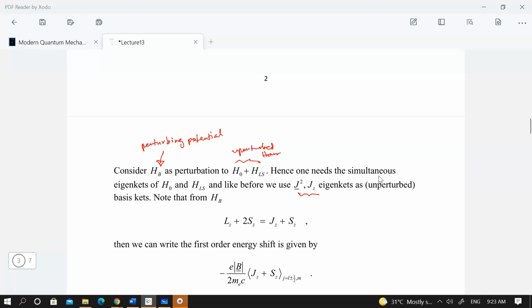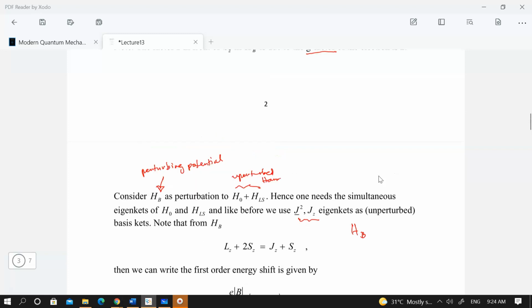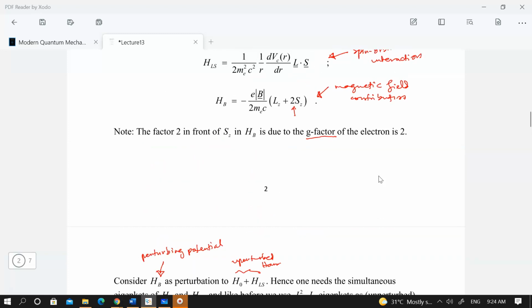And what happens in this particular case, one will have to see whether you can evaluate your HB in terms of these eigenkets of J squared and Jz, and our HB is now written in terms of these angular momenta operators, the Z components.